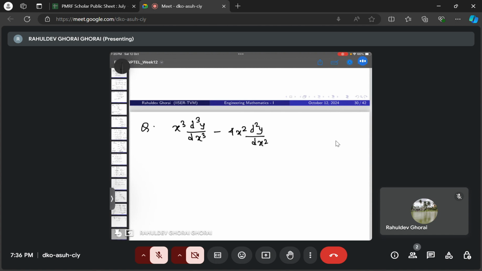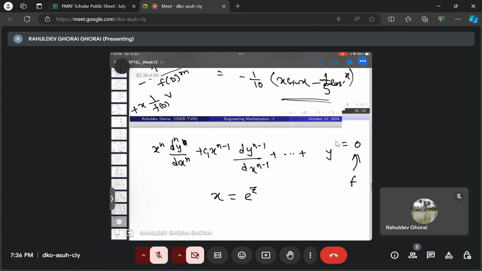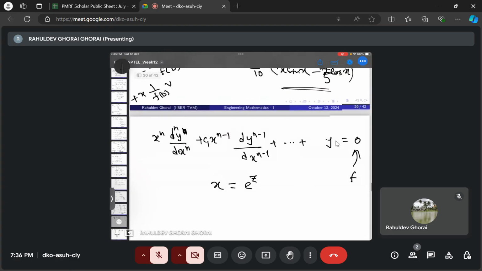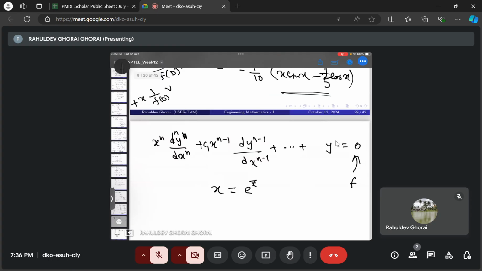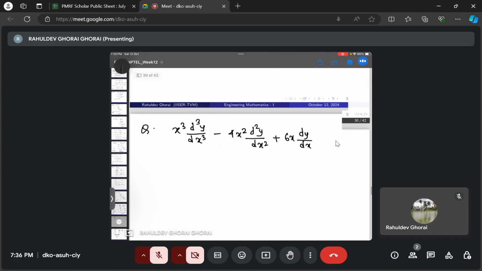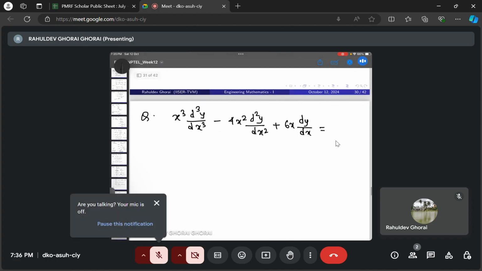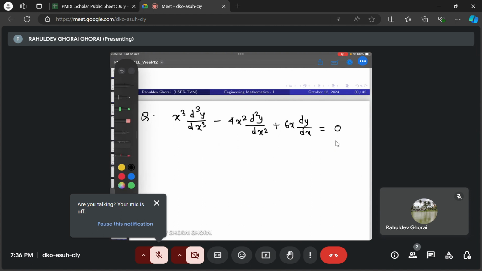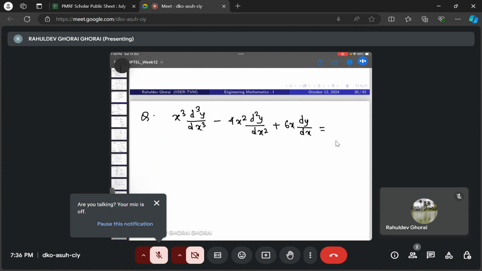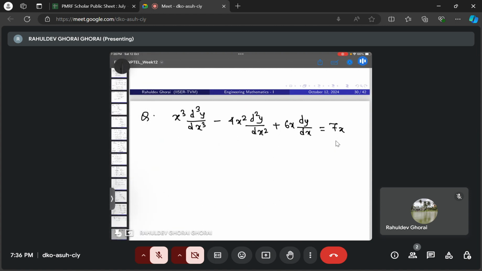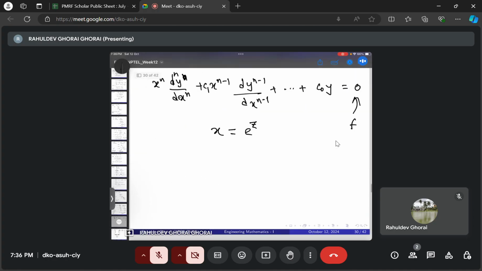So you always have this x square and dx square, like that terms are there. Plus 6x dy dx, and some c0 times y. Here c0 is 0, but the right hand side we have 7x. So this is a Cauchy-Euler type of equation, right?